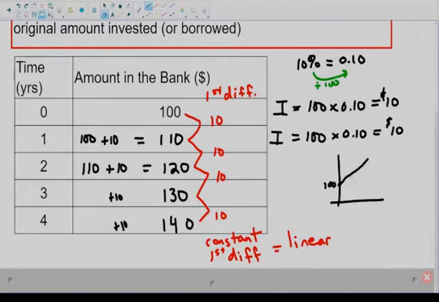That's as straight as I can get it, folks. Okay? So that would be a straight line. The slope would be 10. And that's how simple interest works. Now, because we keep multiplying by the same amount in the table each row, there's an equation that models this scenario. And that's what we're going to look at next.